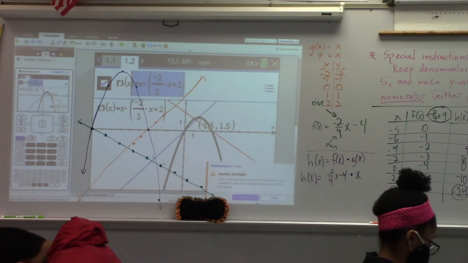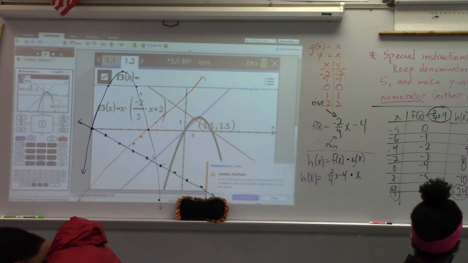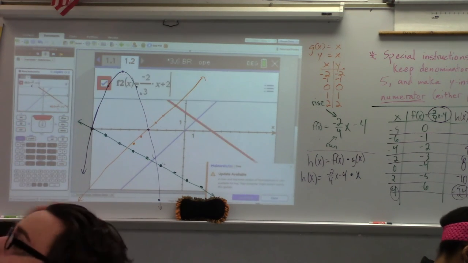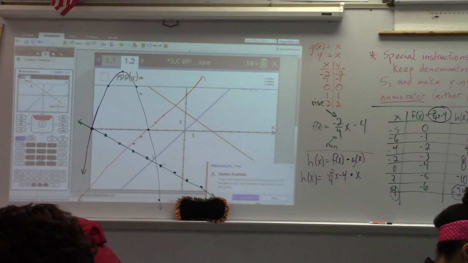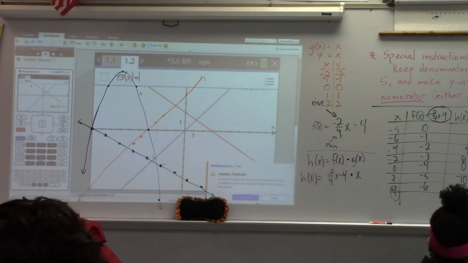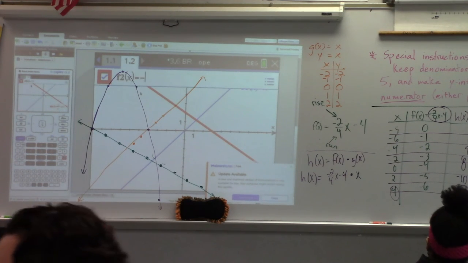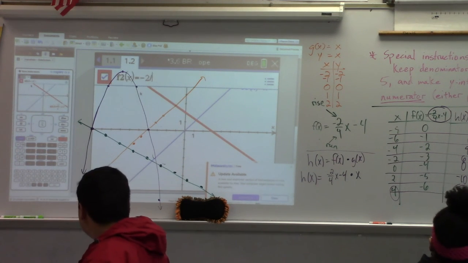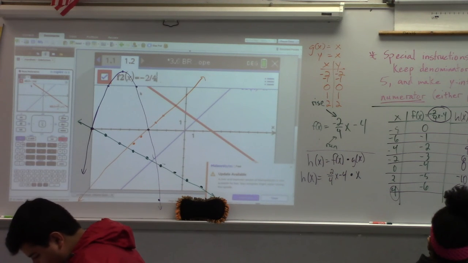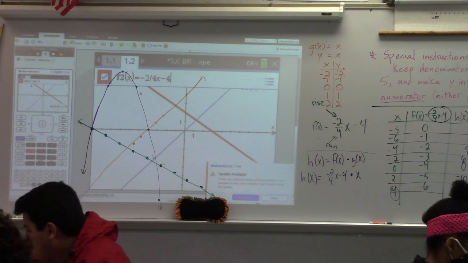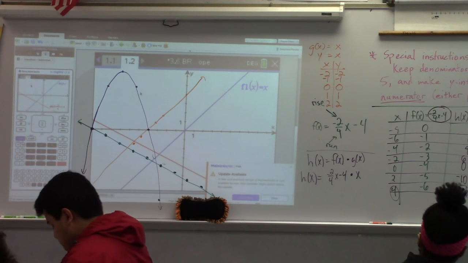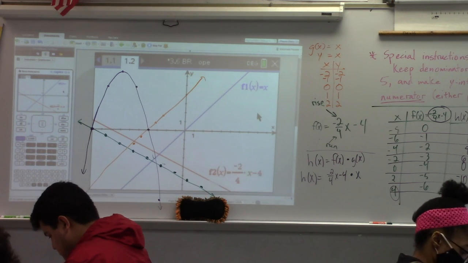I did this in the first block. Let me delete these. Okay, so x is going to stay the same. All right, so I've got -2/4 x. Actually, you can go ahead and put in your line. Go ahead and put those equations in. Depends on your functions, but we should have something like this.